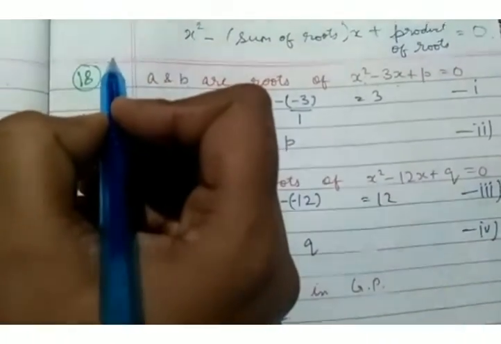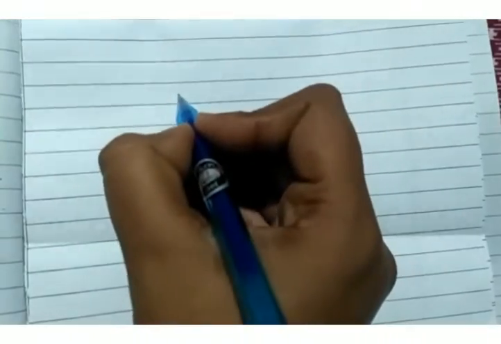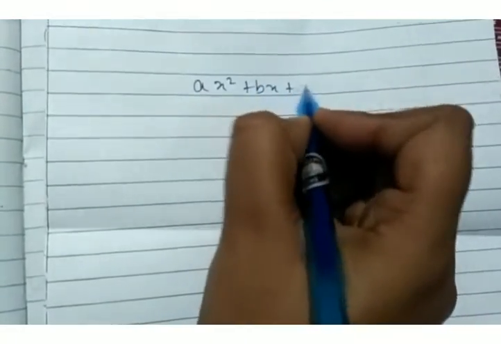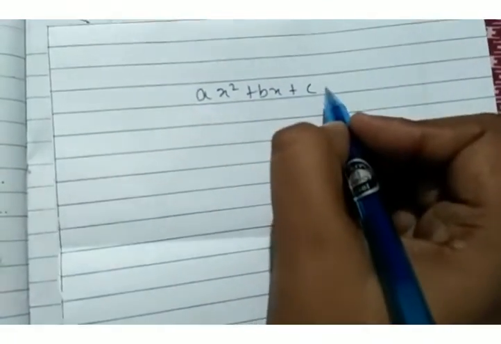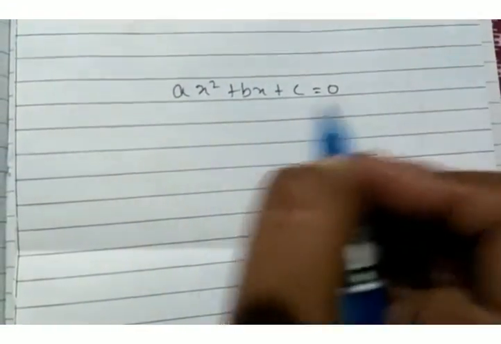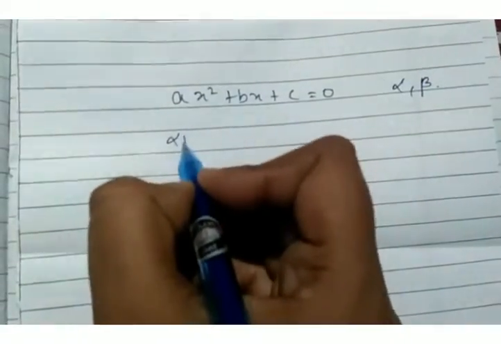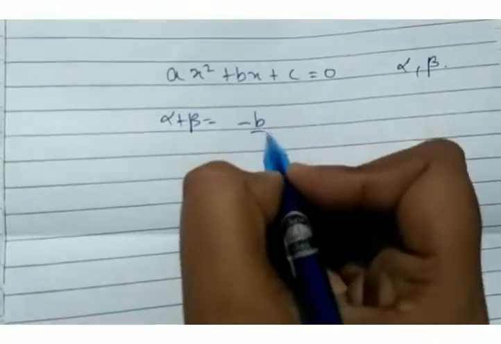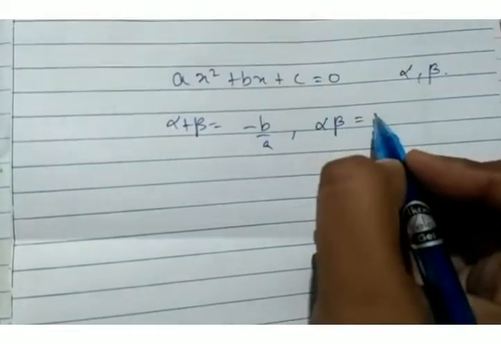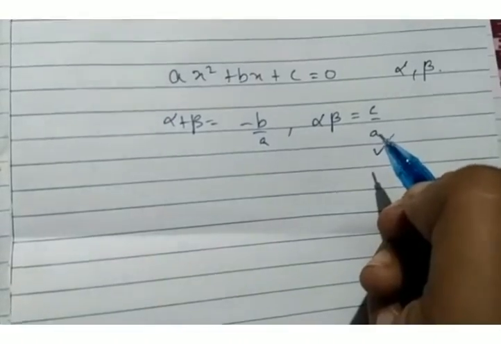If the equation is of the form ax square plus bx plus c equals 0, and suppose alpha and beta are the roots, then we have the sum of roots as minus b by a and the product of the roots, alpha into beta, as c by a. So we are going to use this property in this question.